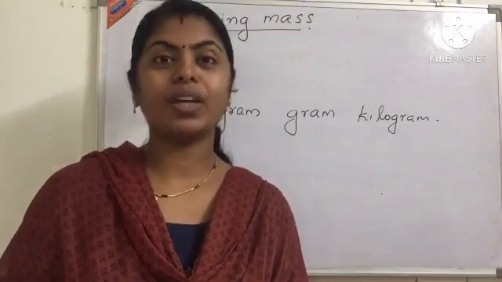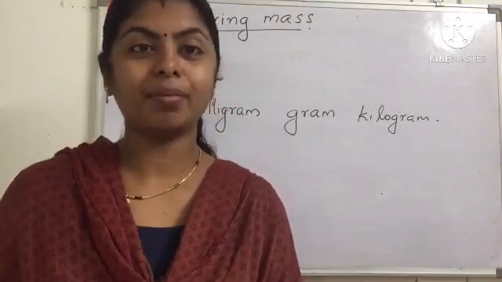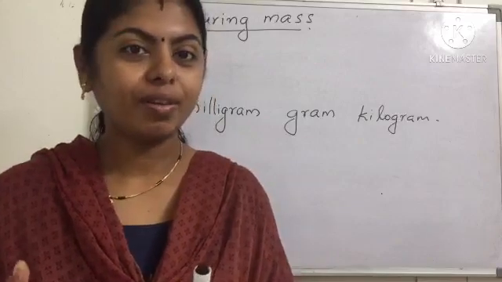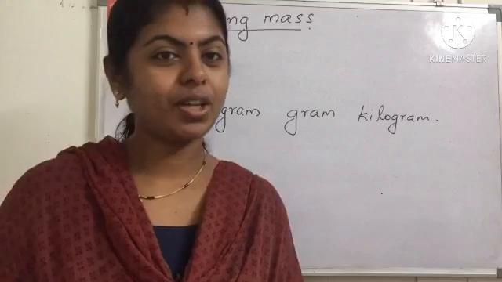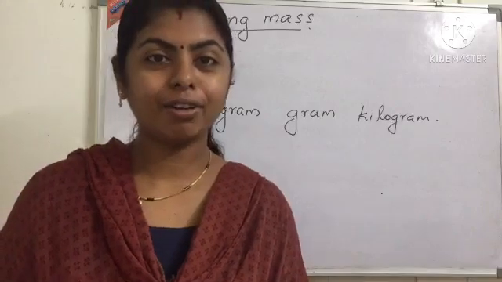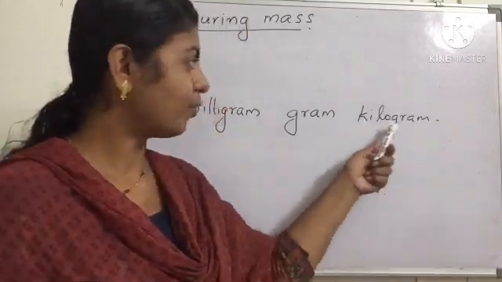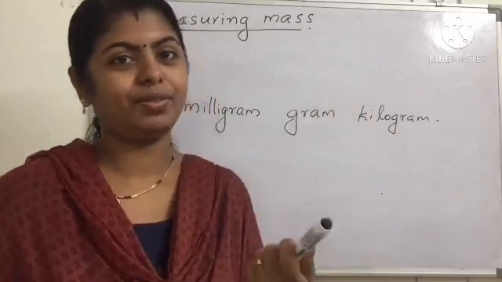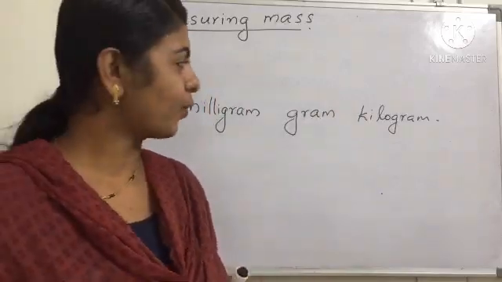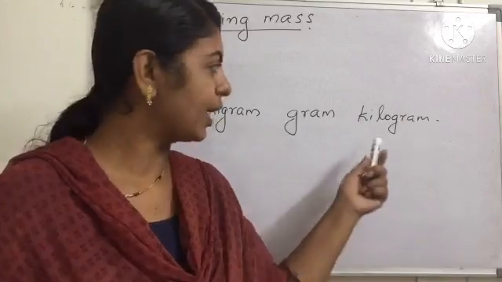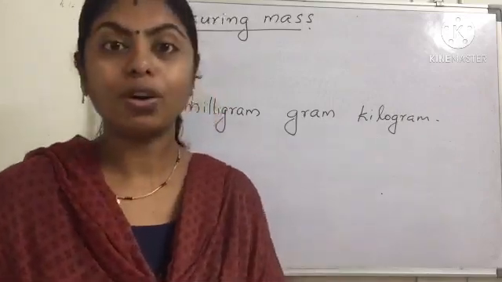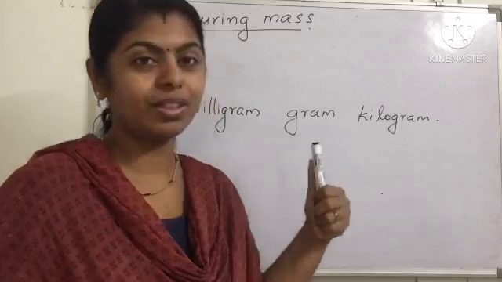Okay, suppose you went to a shop to purchase some sugar. Then how we will purchase sugar? How we will say to the shopkeeper? 1 kilo sugar. Okay, 1 kilogram sugar. In the short form we will say it as 1 kilo sugar. So it's a 1 kilogram sugar or 500 gram sugar.